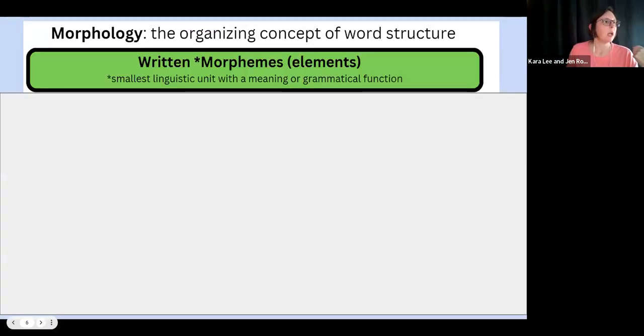Okay. So back to this chart, I want you to notice that at the very top here, I've got in the green box, written morphemes. We're going to be calling those elements. Okay, you see that word elements in parentheses. That is a specific word that you will know that I'm using when I'm talking about a written morpheme.